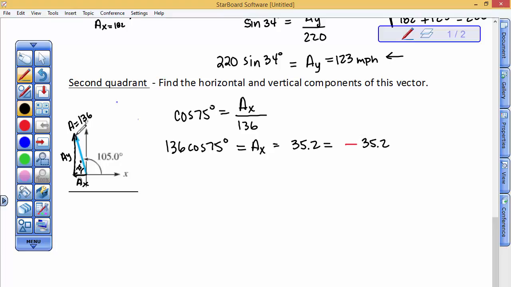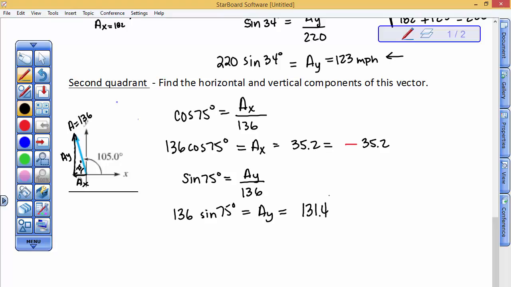This is called the side opposite of this 75-degree angle, and I was given the hypotenuse. So again, I'm going to go the sine of 75 degrees equals the side opposite, the y component of this vector, divided by 136. And then I'm going to solve this for a sub y, and I'll take my calculator and do the typing, and it's going to tell me that the answer is 131.4.